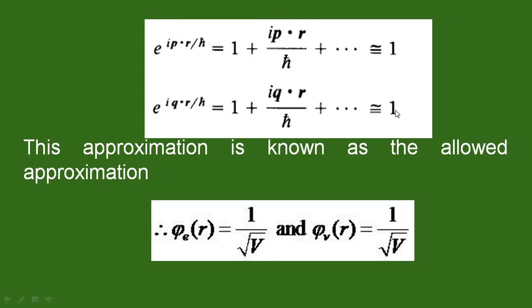This approximation is usually known as the allowed approximation. With this allowed approximation, you get the electron wave function phi e of r as 1 by root V, and that of the antineutrino also as 1 by root V.